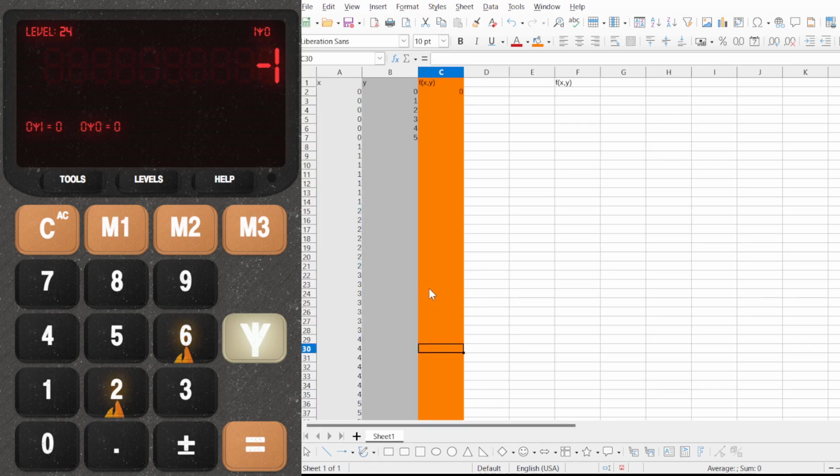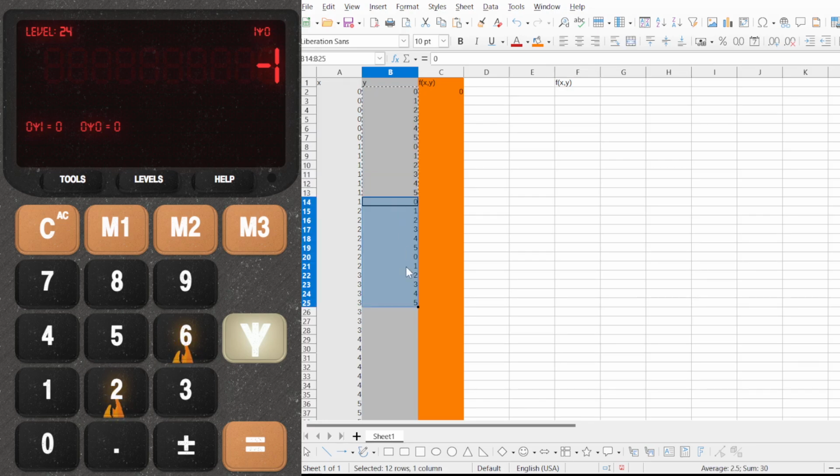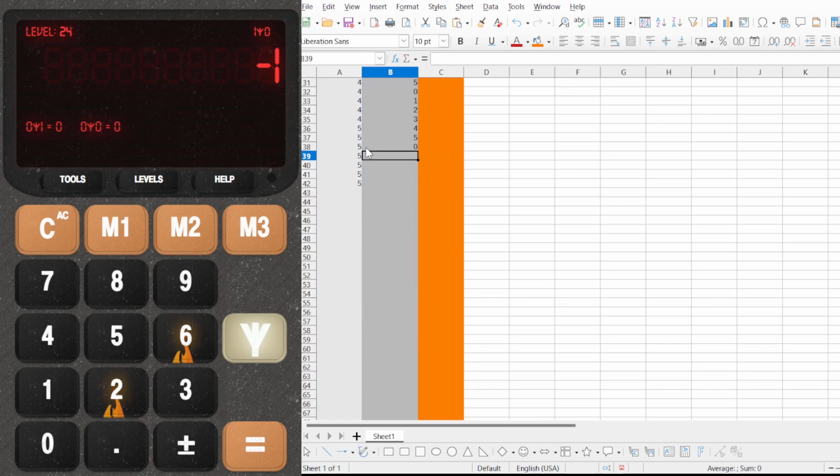Like this, and we're going to expand this one. 0, 1, 2, 3, 4, 5, 0, 6. Almost. Now we're just going to copy this one right here, and we can just fill out the rest like this. Somewhere there might be a mistake, but I don't think we ever get to that point.